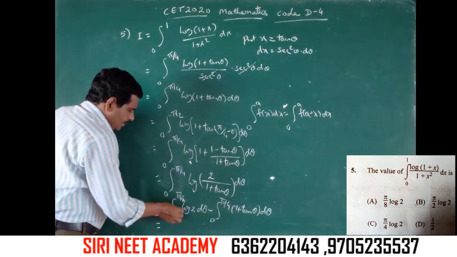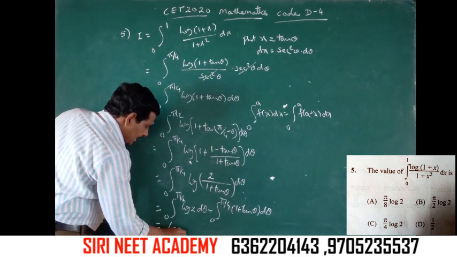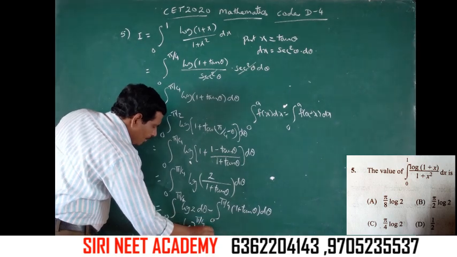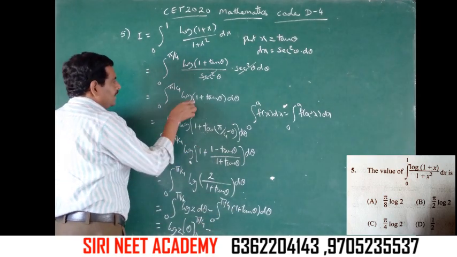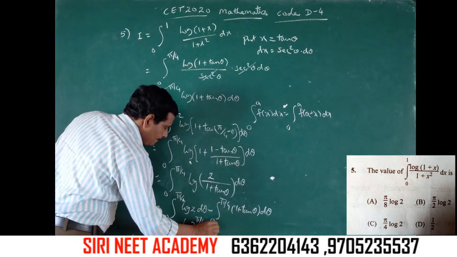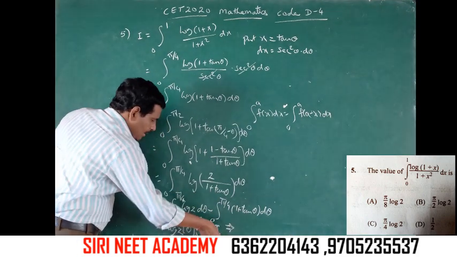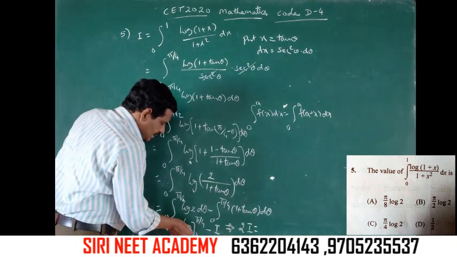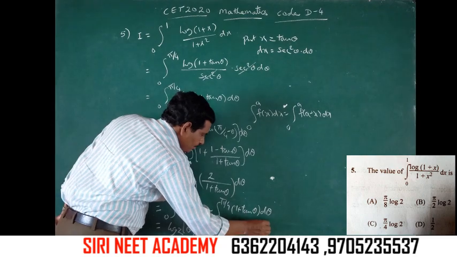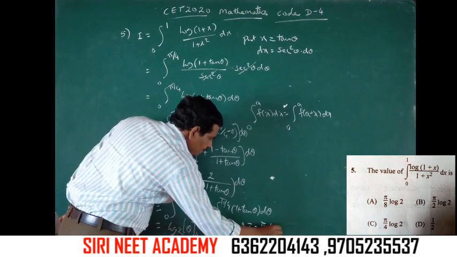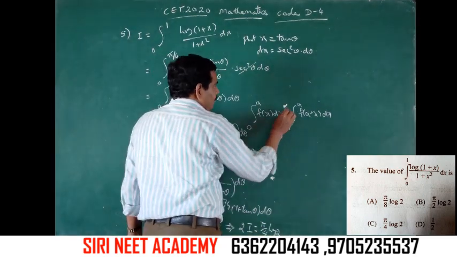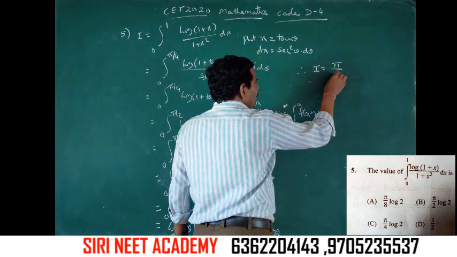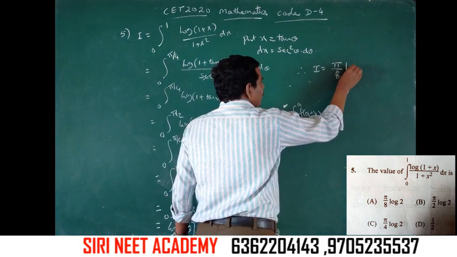That is equal to log 2, a constant, integration of d theta between 0 to pi by 4, minus this one, which is equal to I. Bring I to the left side, I plus I, 2I is equal to pi by 4 into log 2. Therefore the value of I is equal to pi by 4 by 2, pi by 8 log 2.